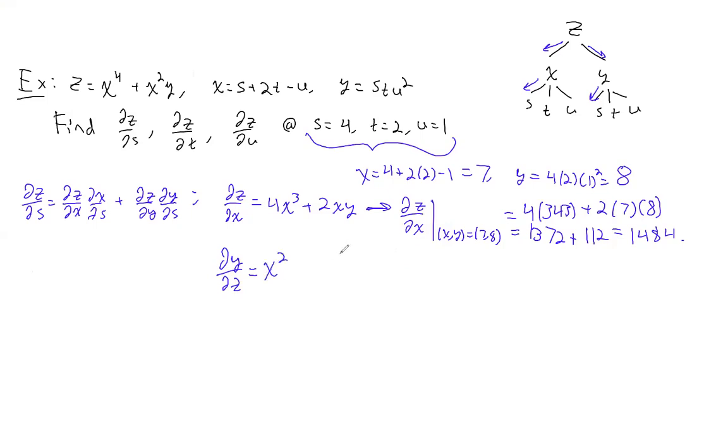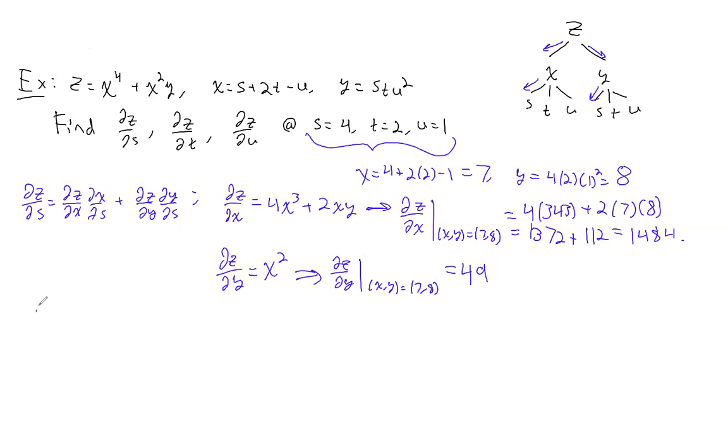That's just x squared. I'm realizing that I inverted my y and my z, that's odd. So ∂z/∂y at the point where (x,y) equals (7, 8). Well, that one's much simpler. That's just 49.